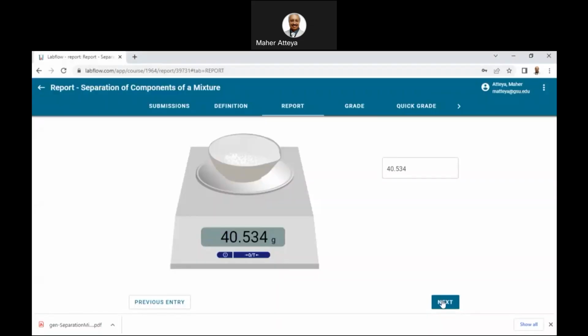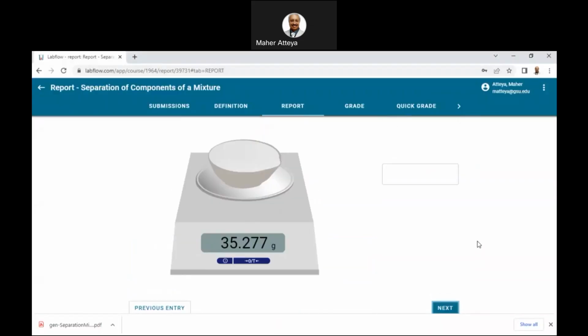For some reason it went. Okay, so the difference you can see. So here it is. Save the whole thing and next. So click next and see what's going on.